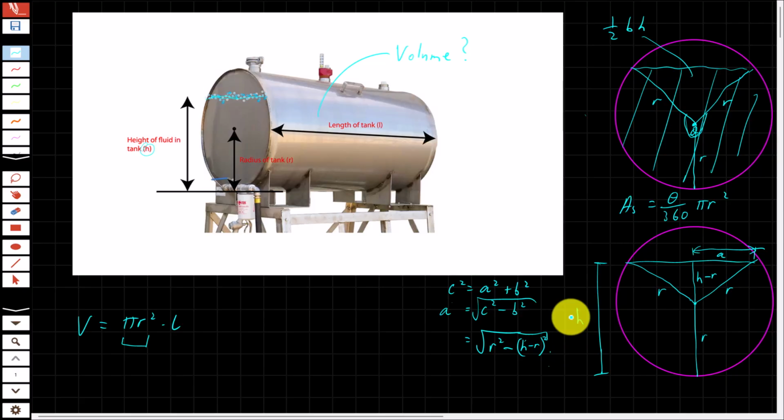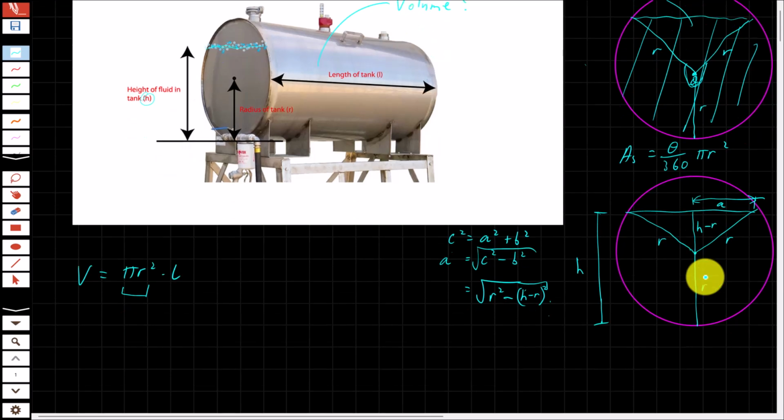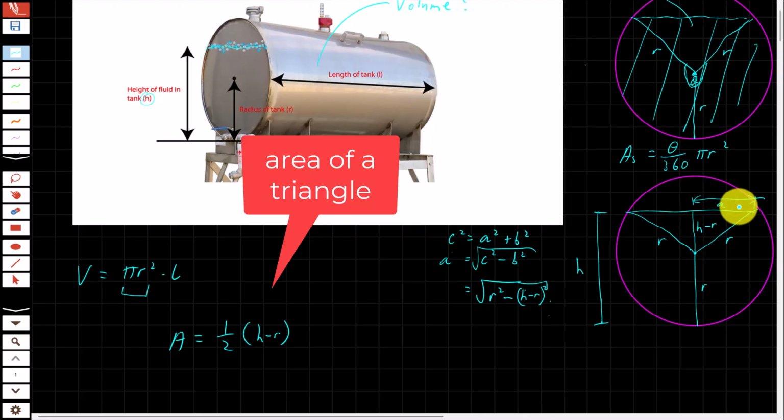Okay, so the area of that triangle there equals half times the base, which is h take r, times the height, which is a, which is this one here.